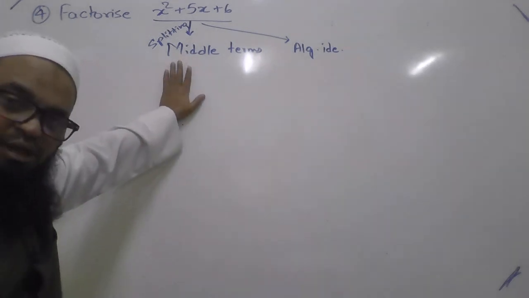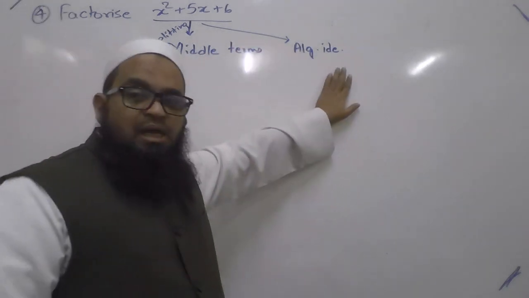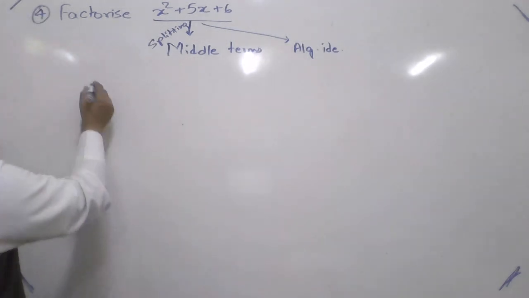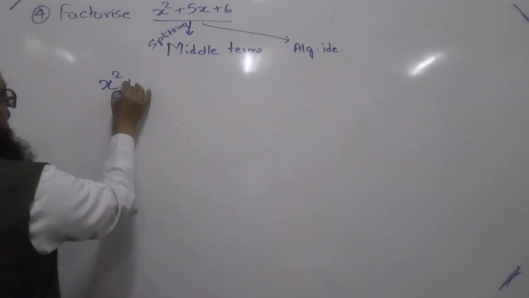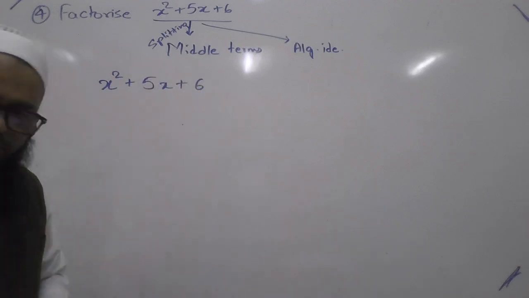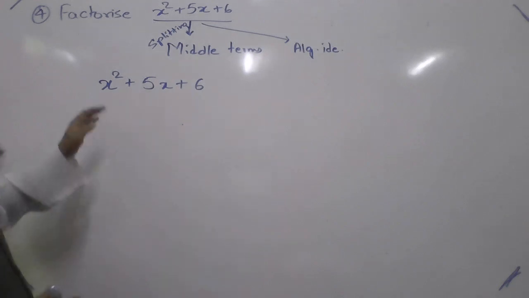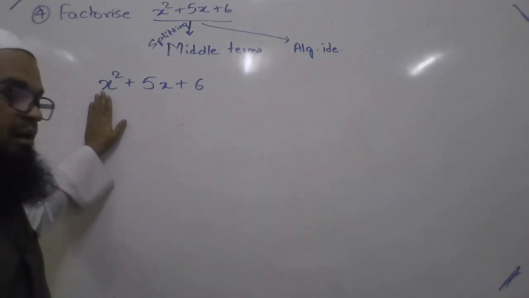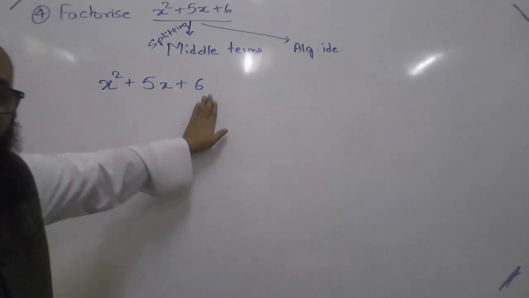Splitting the middle terms is itself nothing but algebraic identities. I'll explain how. Whenever you are supposed to factorize, those who don't know or have forgotten the concept, please listen carefully. In a quadratic polynomial, how many terms will be there? There will be three terms.